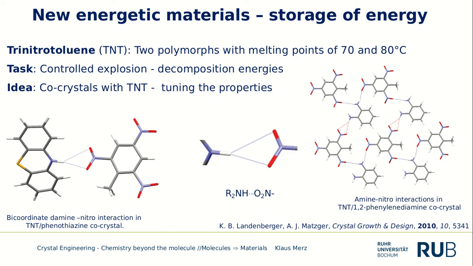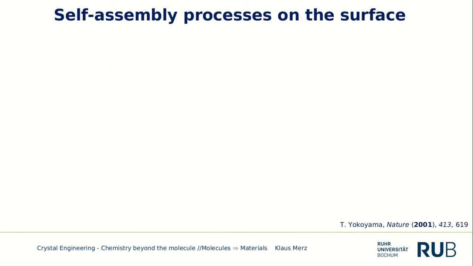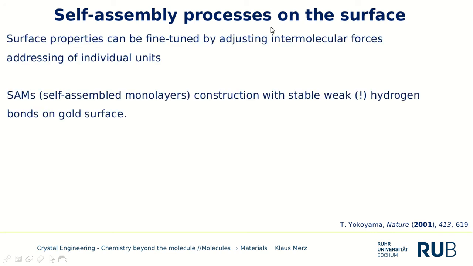Next example. You want to deposit aggregates on a surface. Yes? And the question is which procedure, which processes are working in this moment. So we're talking of self-assembly processes on the surface. Can you control the self-assembly processes on the surface? Yes, you can. It is possible.